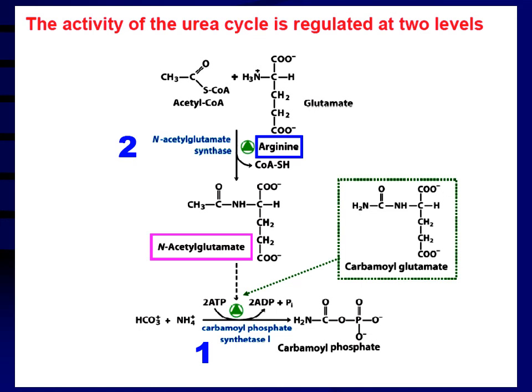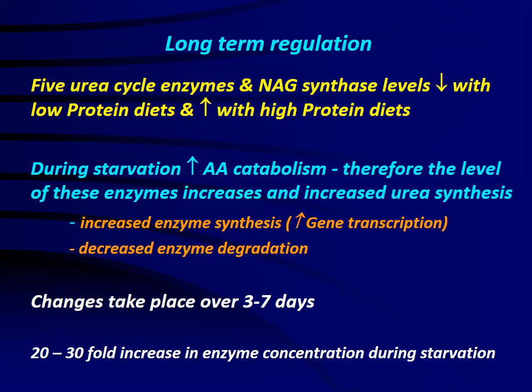Carbamyl phosphate synthetase 1 is allosterically activated by N-acetyl glutamate. N-acetyl glutamate, in turn, is produced from acetyl-CoA and glutamate. The reaction is catalyzed by N-acetyl glutamate synthase, which is allosterically activated by arginine. Thus, the activity of the urea cycle is regulated at two levels.